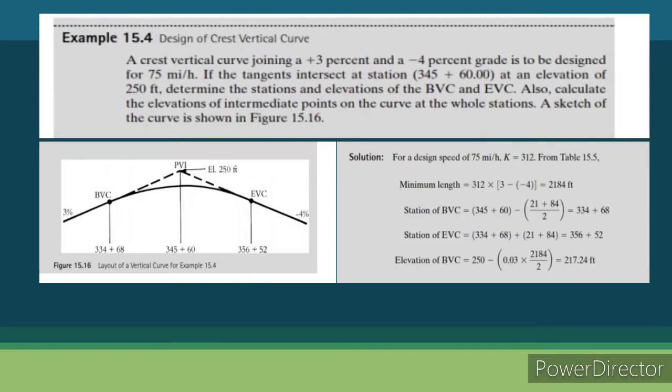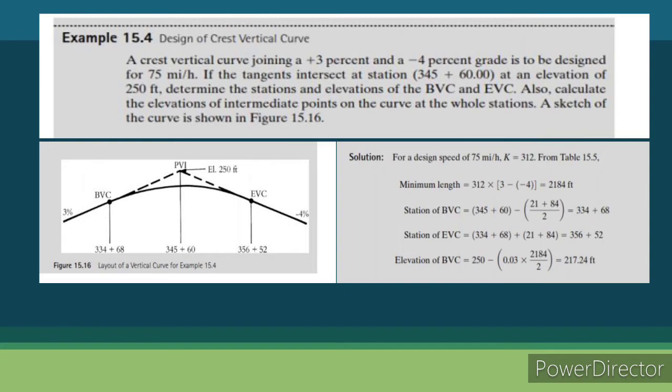To appreciate the given formulas for the crest and sag vertical curves, we will use them in some examples. Example 15.4: a crest vertical curve adjoining a 3% and a negative 4% grade is to be designed for 75 miles per hour.